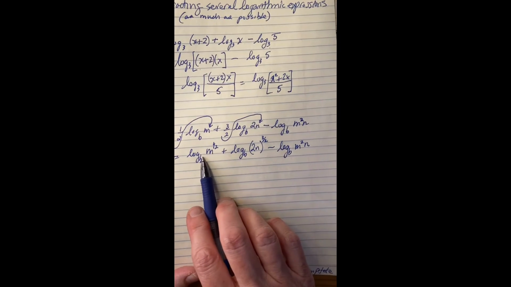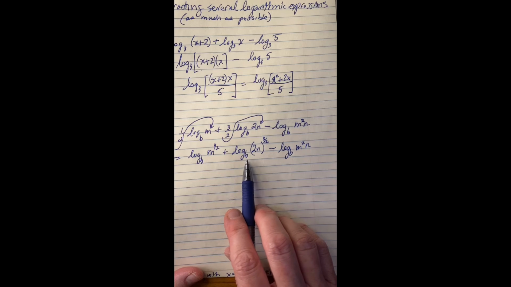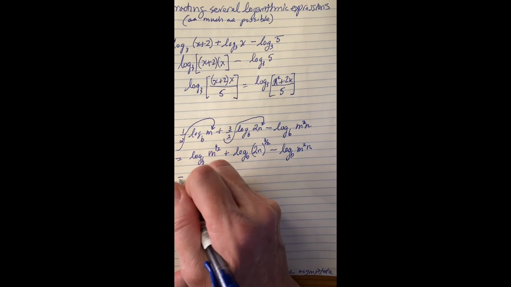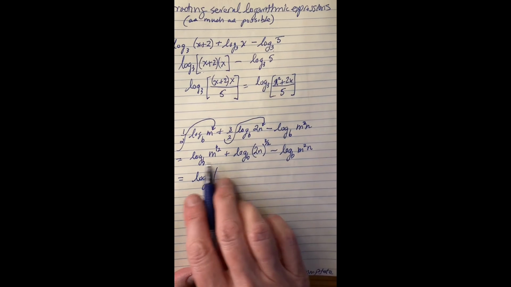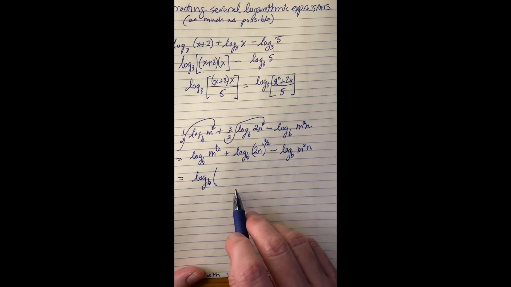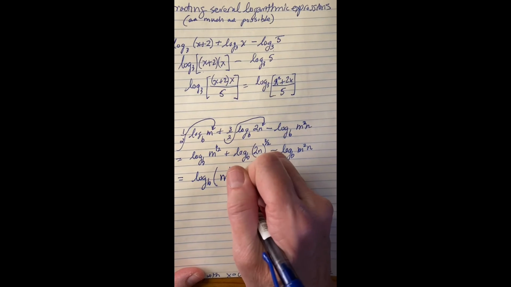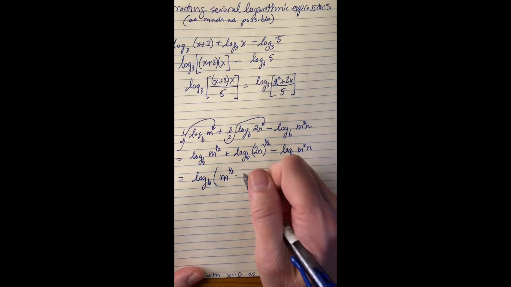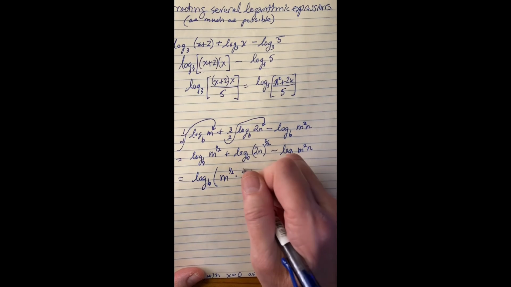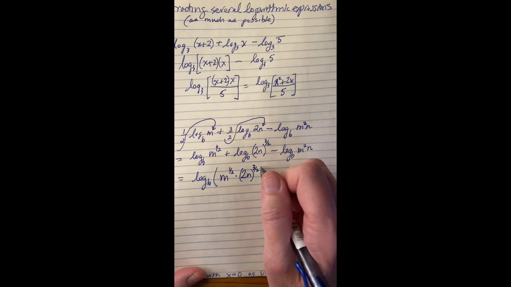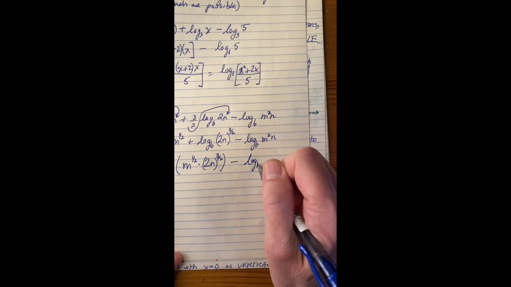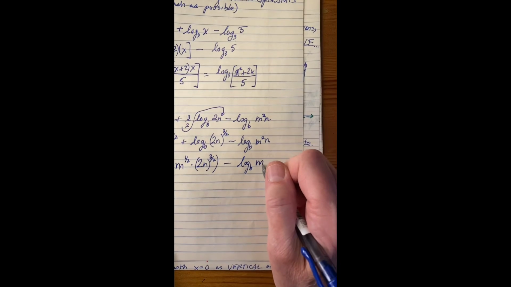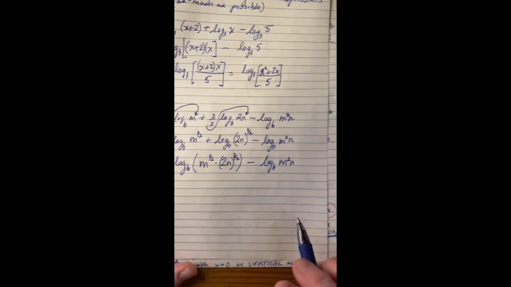So let's see. Well, we got a sum of logs. Let's multiply those. In other words, we're taking the log base b, putting the sum of logs into the log of a product. That looks like m to the 1/2 multiplied by 2n raised to the 3/2 minus the log base b of m squared n.